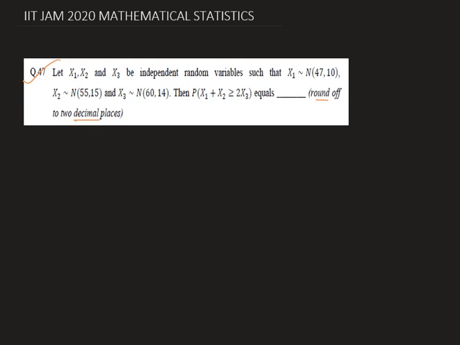Here we are given three random variables x1, x2, x3. They are independent normal random variables with mean 47, 55 and 60 respectively, and variance 10, 15 and 14 respectively. Now we have to find the probability that x1 plus x2 is greater than or equal to 2x3.